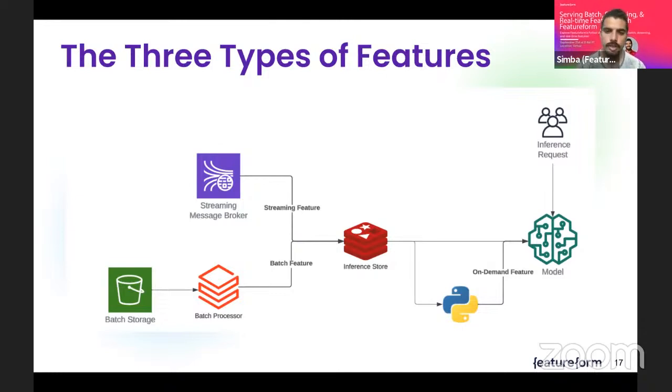The decision tree of whether you need to be on one side of the inference store or the other is: should I cache this feature value? And that's going to depend on the latency you have, if it's even possible to cache it. And sometimes there are cost considerations, like, does it really make sense for me to pre-process everything?